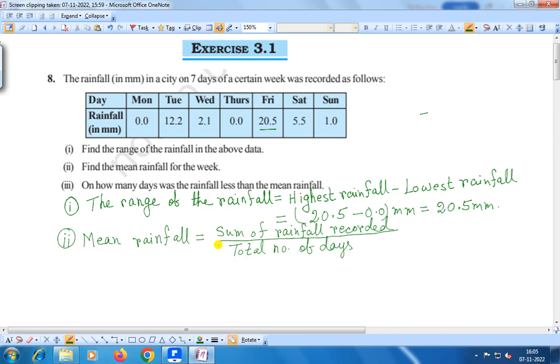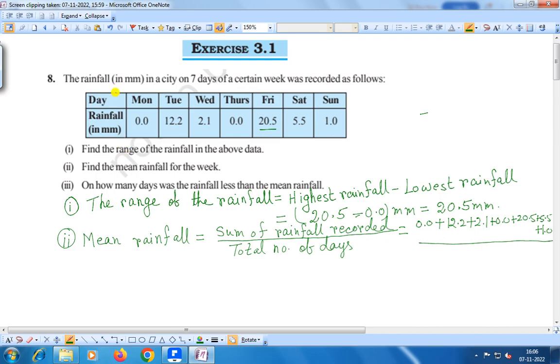Now if we add all the numbers, that is Monday is 0.0, plus Tuesday is 12.2, plus Wednesday is 2.1, plus Thursday is 0.0, plus Friday is 20.5, plus Saturday is 5.5, and plus Sunday is 1.0, divided by the total number of days.